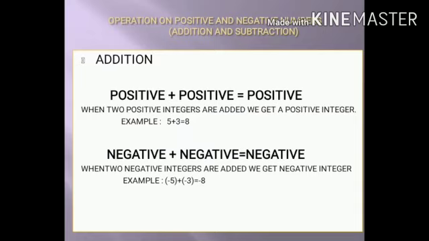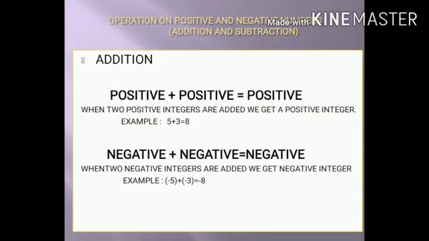If you add these two negative integers, we will get minus 8, which means we have to add these two numbers, 5 and 3. 5 plus 3 is equal to 8. Which is the greater number here, 5 or 3? 5 is the greater number, so we put the sign minus to the result, as minus 8.